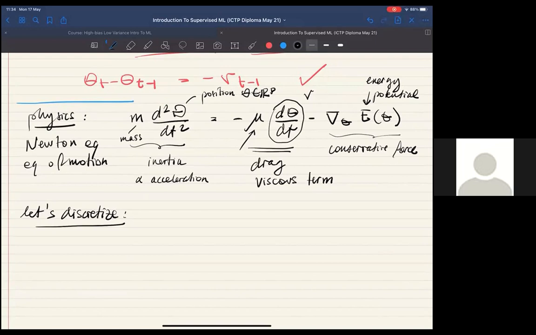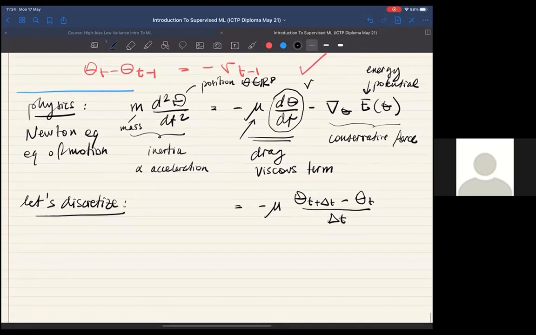What is the discrete version of the time derivative here in the viscous term? It's just theta t plus delta t minus theta t, over delta t, right?